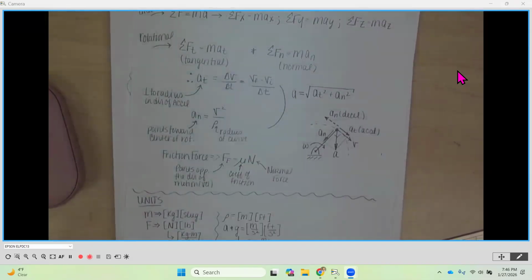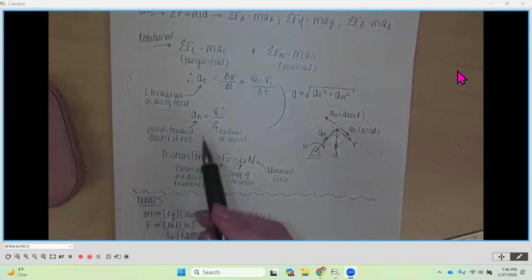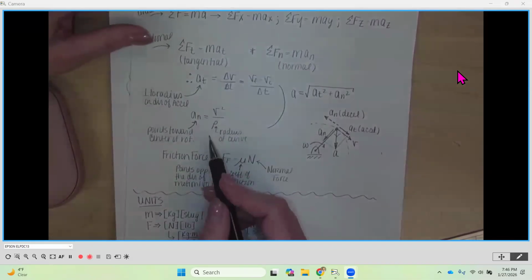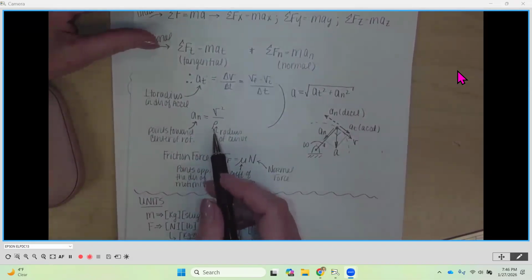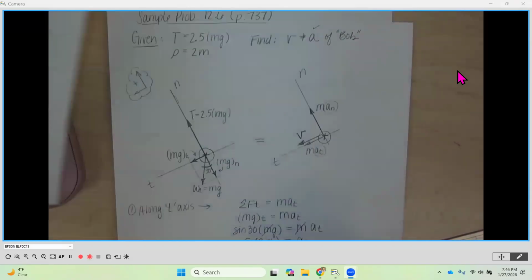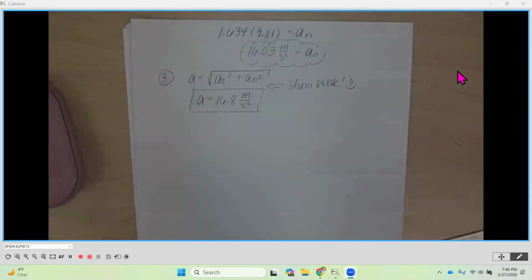Why can't I use the tangential? I'm really not given two values, right? I also am not given a time at which this is happening. So I couldn't use the tangential. I have to use the normal because they did give me the length of the cable holding that bob. So we're going to use that normal component.